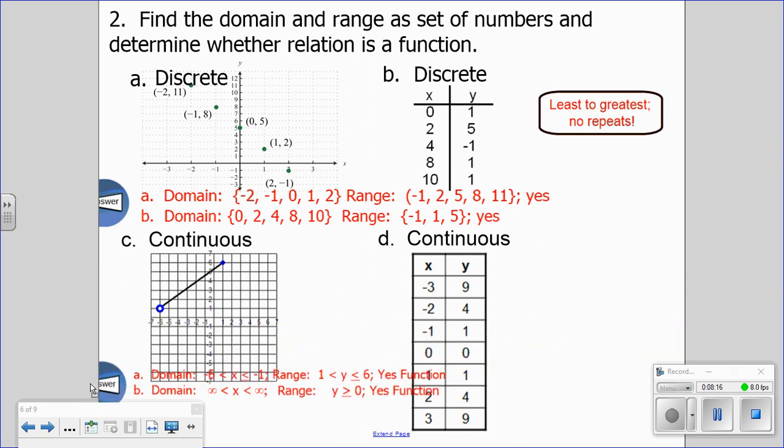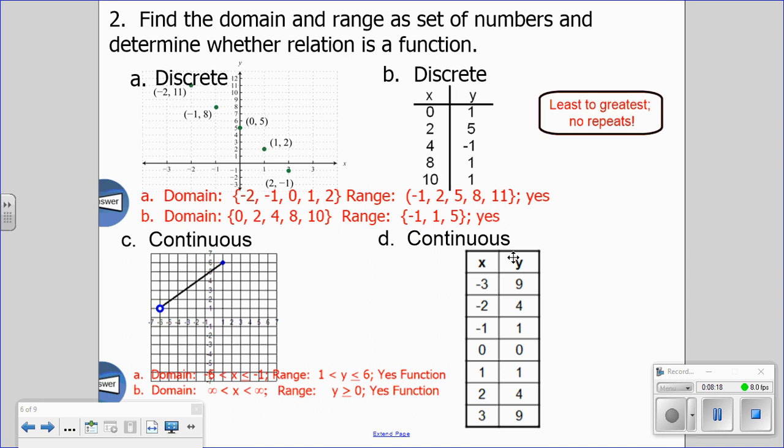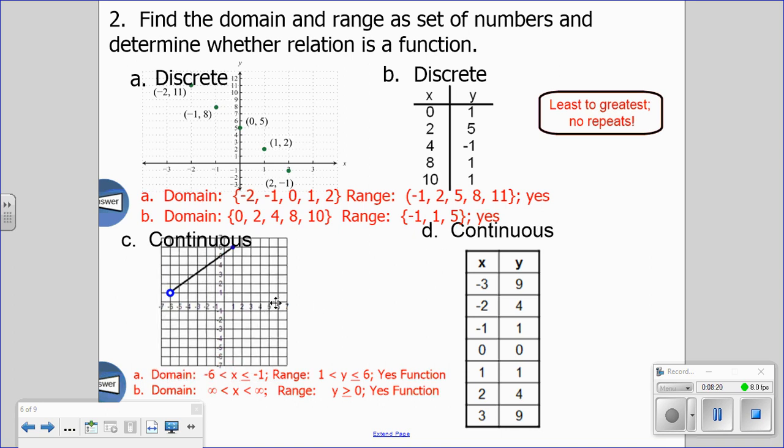So this first one, move this table out of the way. So this first one, again, it starts at -6, but see there's this open circle here, so we're not going to include it. The variable goes in the middle, and we know that it stops at 1.